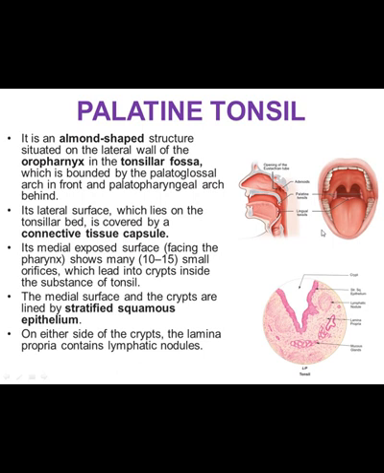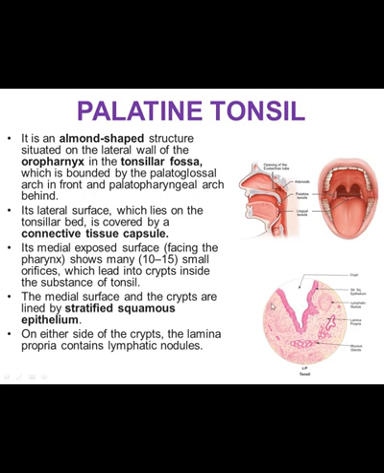And it shows many small orifices, which are 10 to 15 in number, which lead into crypts. Here we see the histological picture. This is crypt inside the substance of the tonsil. The medial surface and this crypt are lined by stratified squamous epithelium, which is non-keratinized.